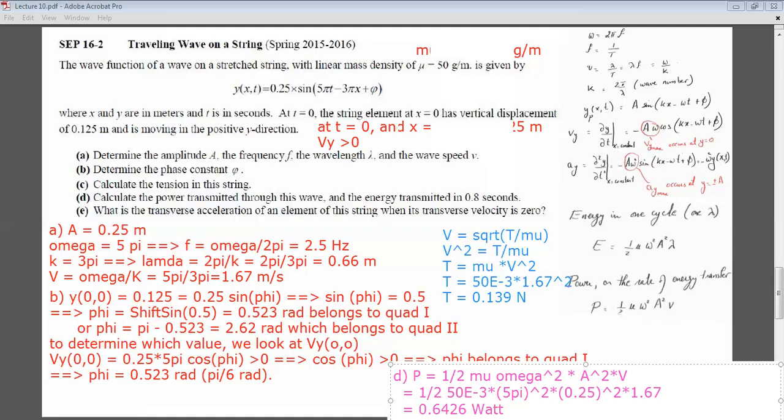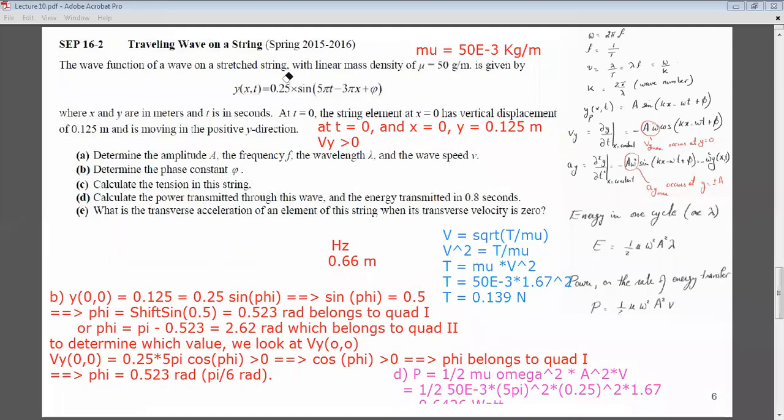Last but not least, what is the transverse acceleration, AT, of an element of the string when the transverse velocity is 0?